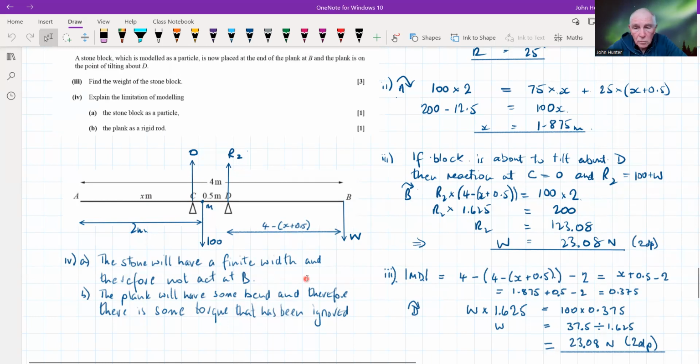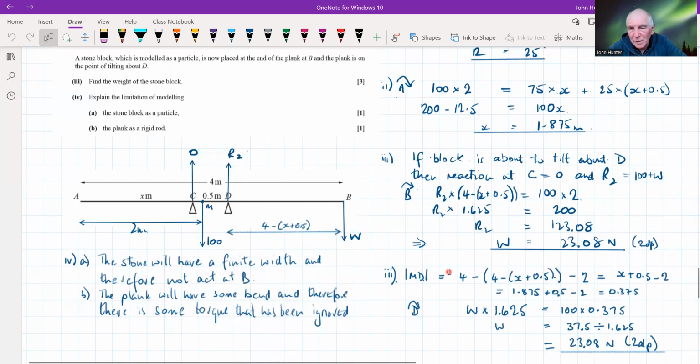Now, that's okay. But you might say, well, what happens if we take moments about D? Well, that is fine. It's a little bit more complicated. We've got to work out what this distance MD is, from the midpoint to there.